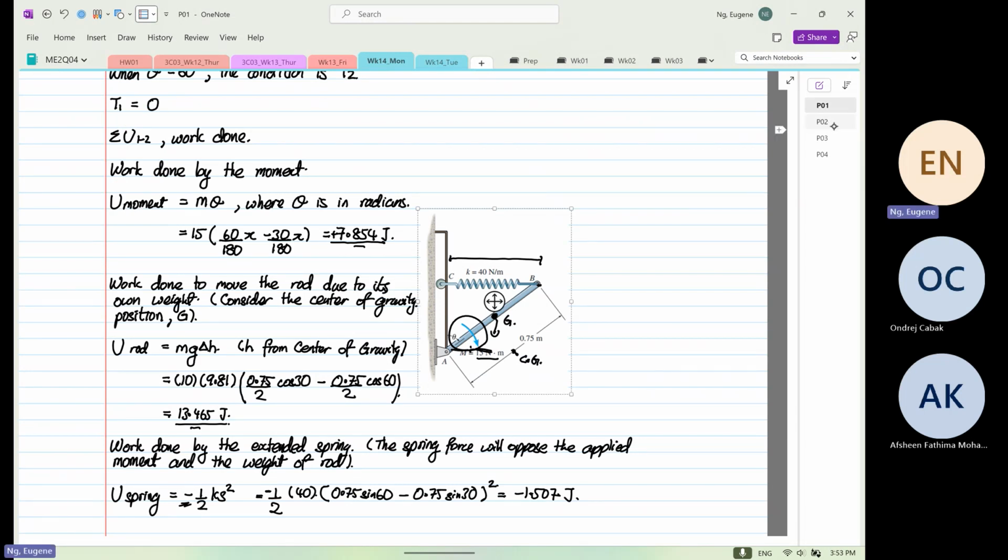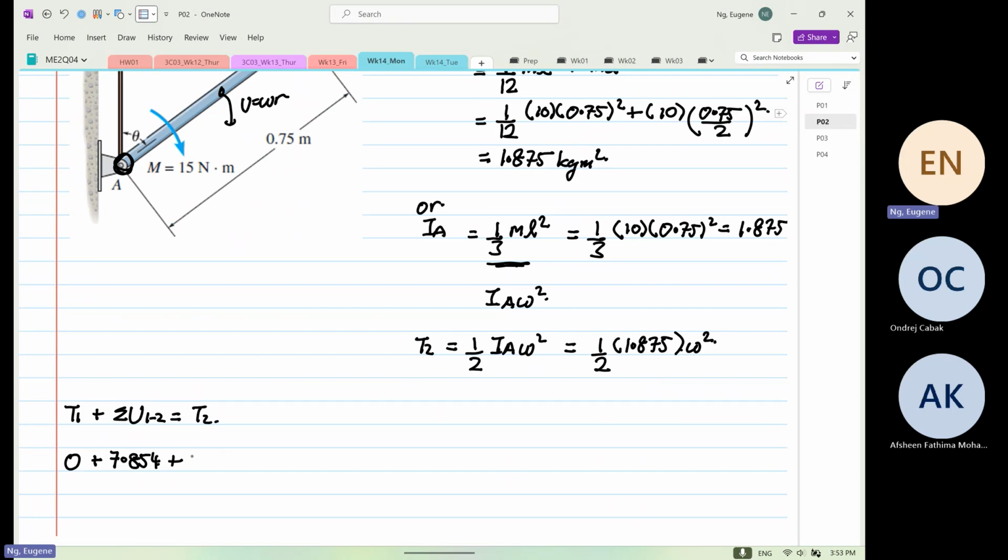Then we consider the rod, which is 13.465. And then we minus the spring, and this whole thing is equal to half 1.875 omega squared.